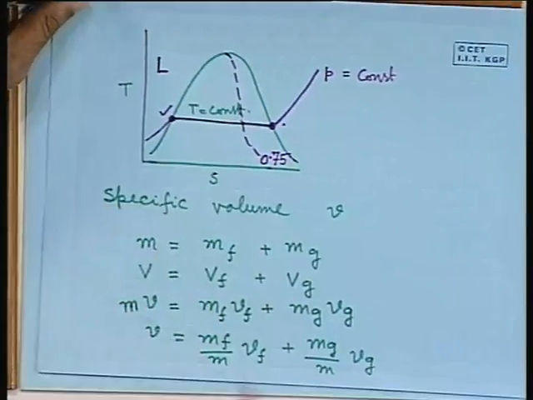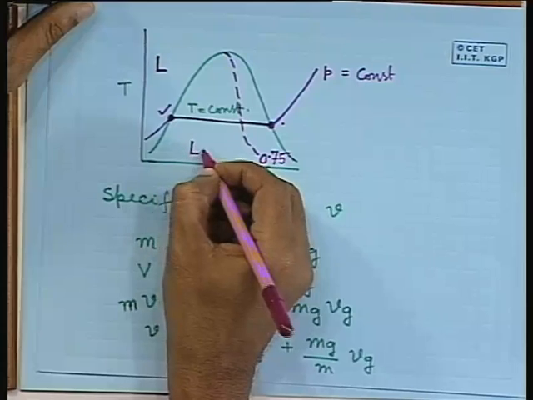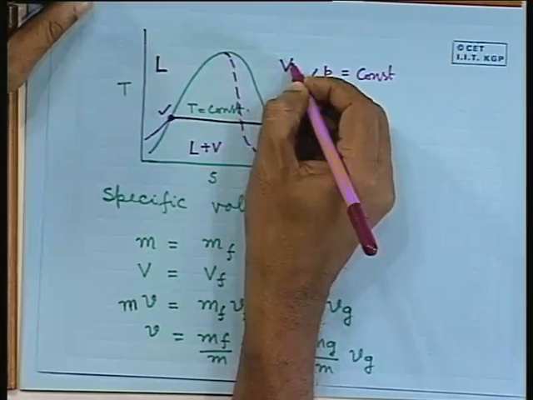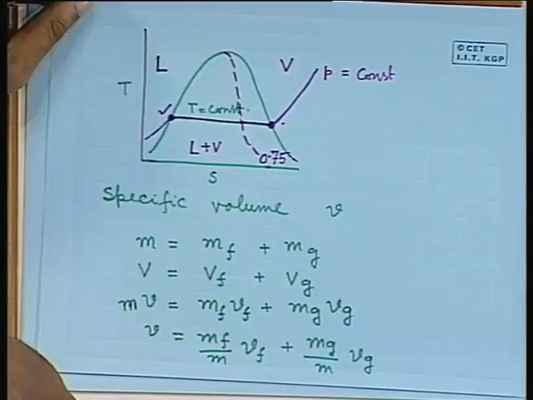Now, in this steam table we have three parts, as I have mentioned a number of times. This part is liquid, this part is a mixture of liquid plus vapor, and this part is vapor or superheated vapor.